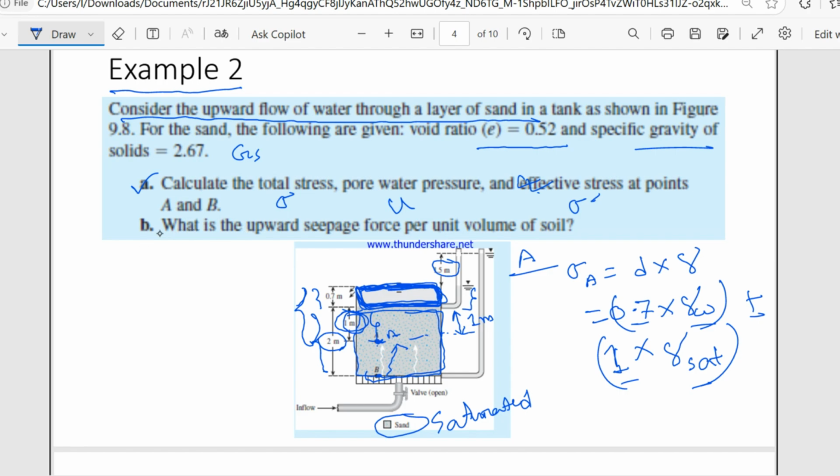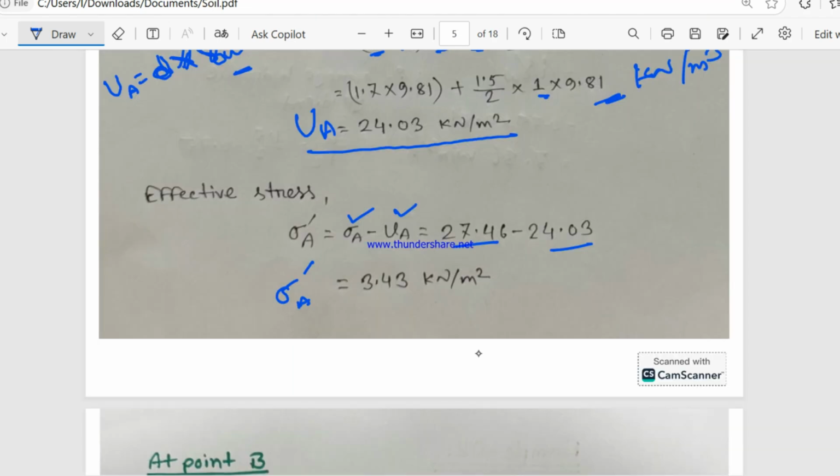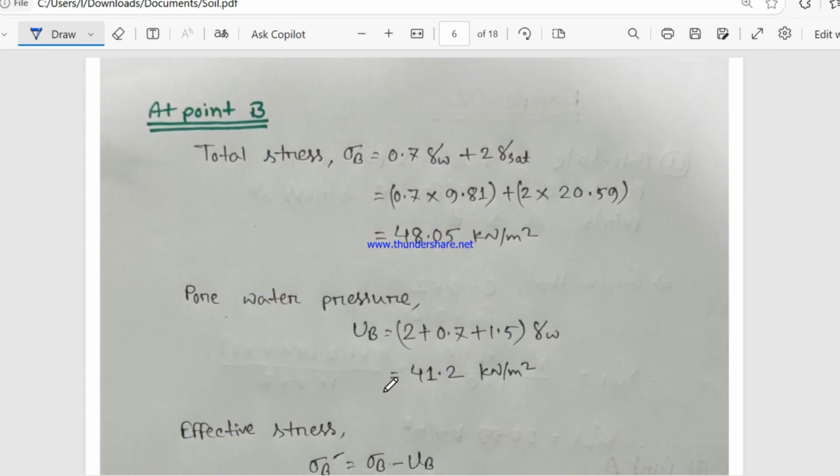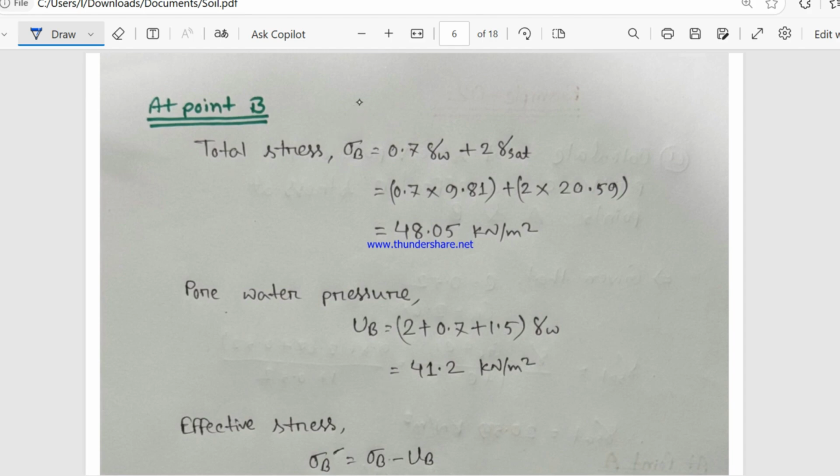Our next question is to calculate the total stress, pore water pressure, and effective stress at point B. We know total stress is distance times unit weight.